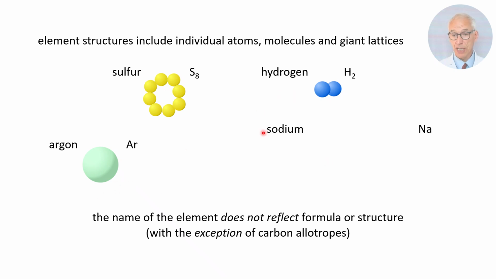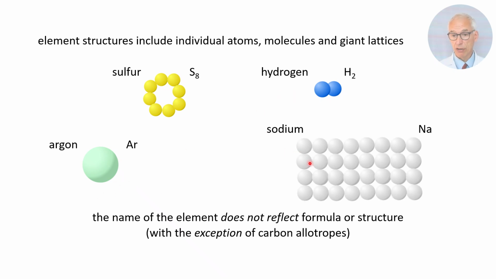Sodium, a giant metallic structure with a regular arrangement of an infinite number of sodium atoms, just called sodium. The exception being, as you will see in later classes, carbon allotropes, that is, forms of solid carbon.